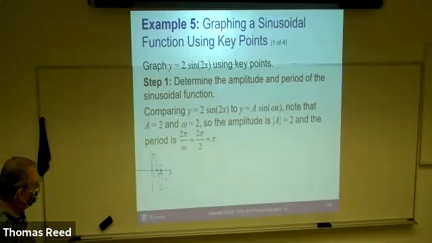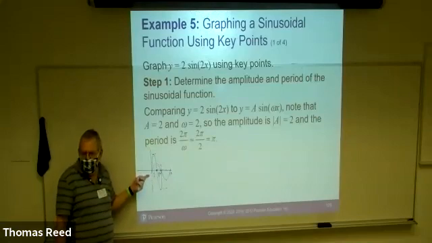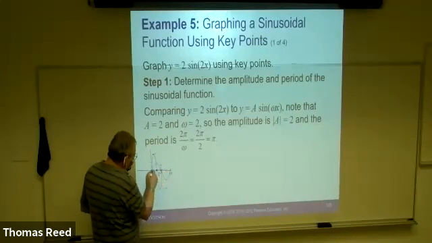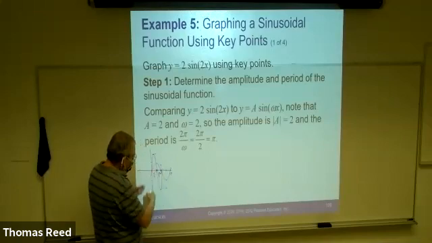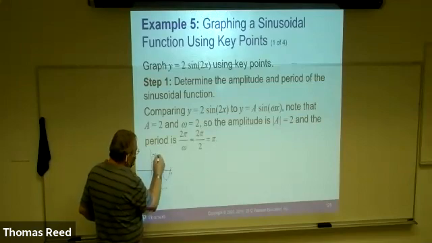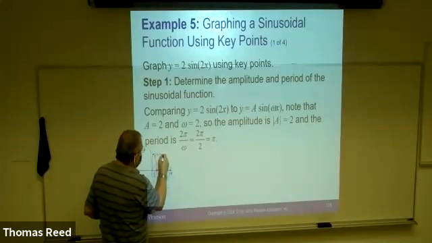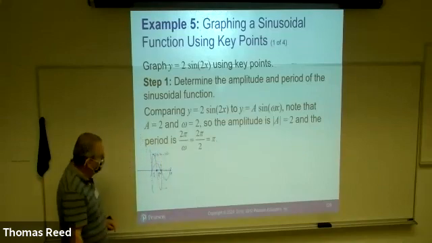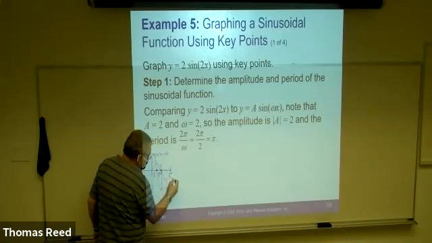So if I ask you to do this on a test, this is what I expect to see. Just do it a little bit beyond one period, and see what happens to that. This is y equals 2 sine of 2x, where this is sine of x.